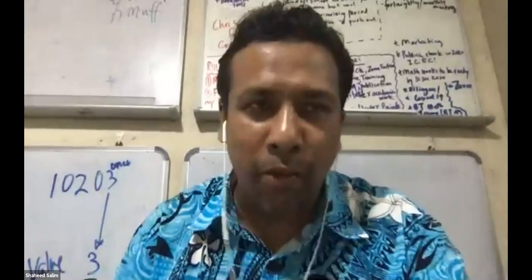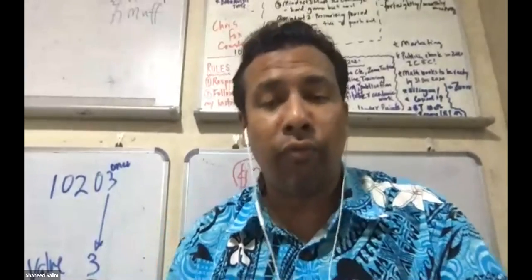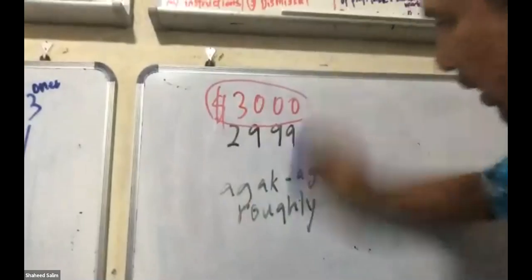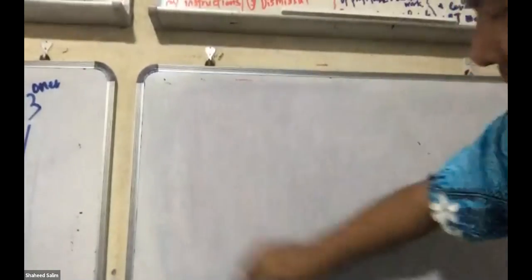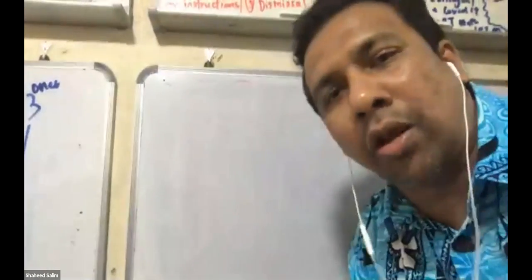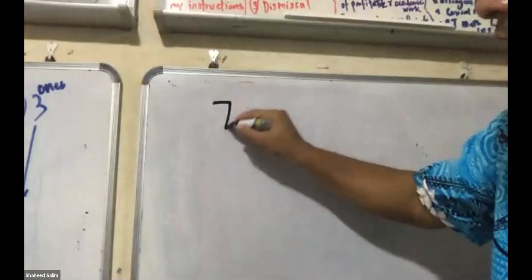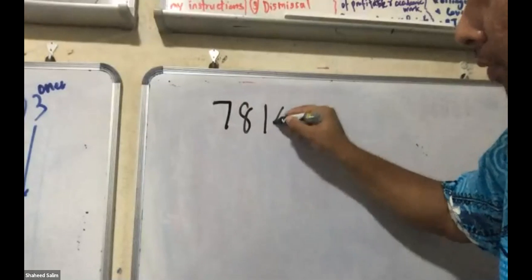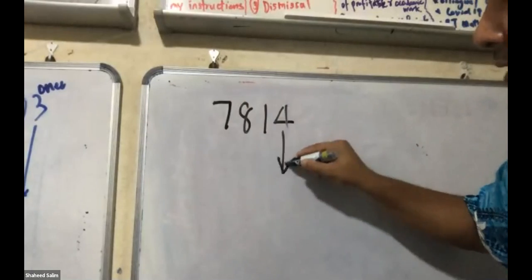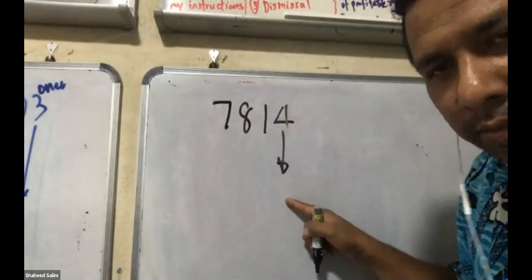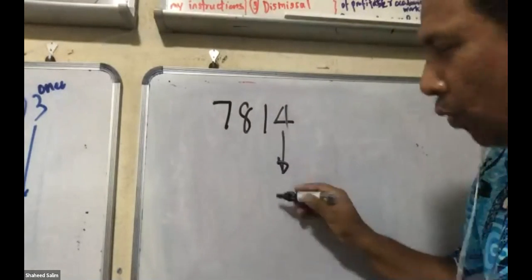Okay, so now let us look at rounding off. I'm going to teach you rounding off. You got to copy this in your notebook. We will start with the very basic. But before rounding off, we must know what's the meaning of position. So you already know what position is. This is not value. What position is this, Miss Naomi? Ones. Good.